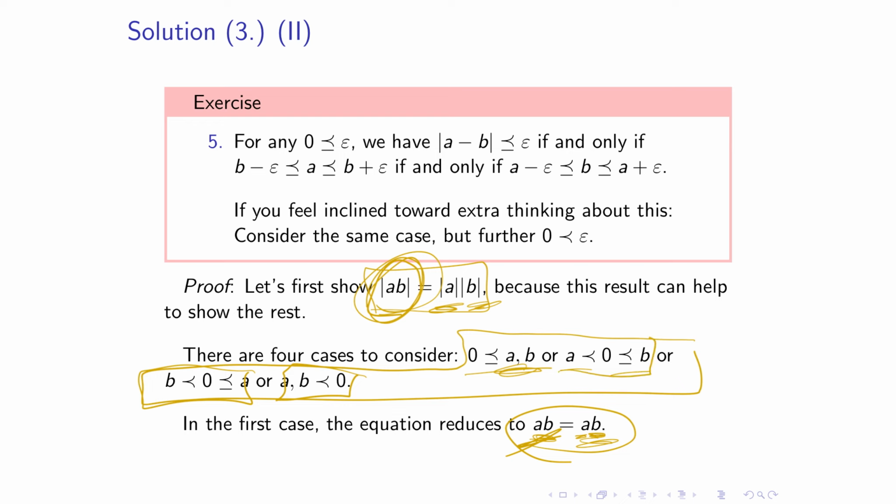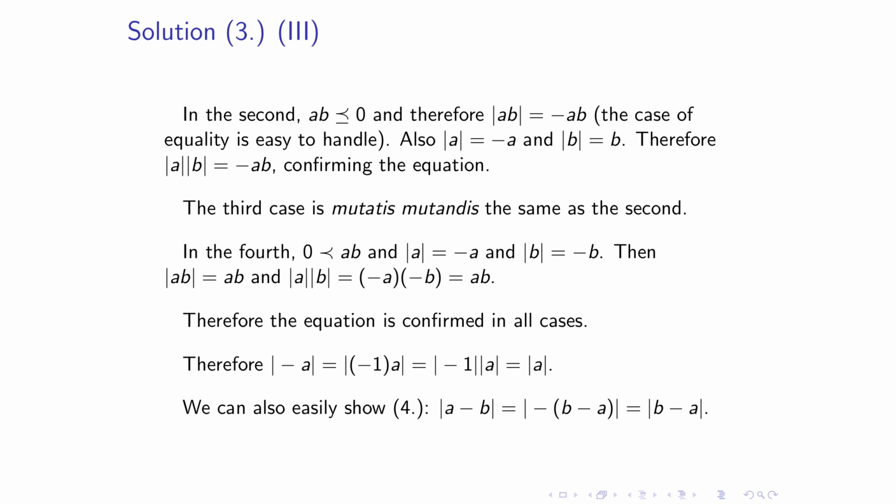Next, we'll move on to assume that A is negative and B is non-negative. In this case, when you take A times B, that is going to be a non-positive number, right? A strictly negative times a non-negative gets you a non-positive. Since that's non-positive, absolute AB is going to be negative AB.